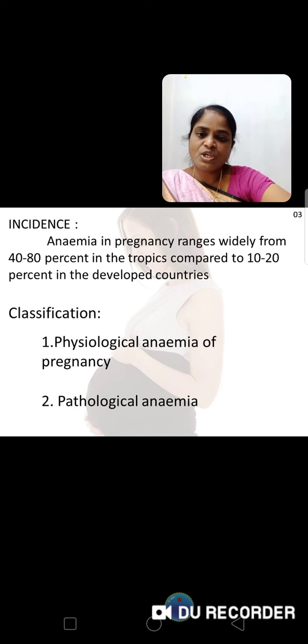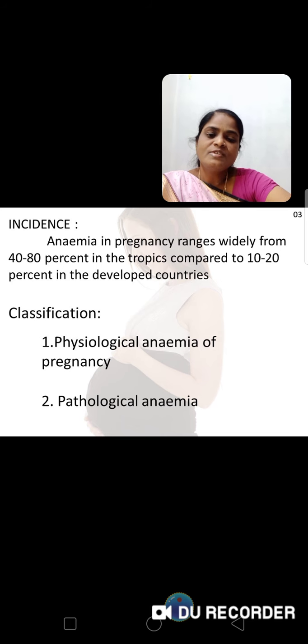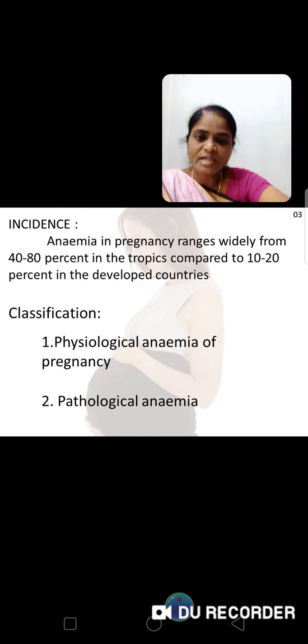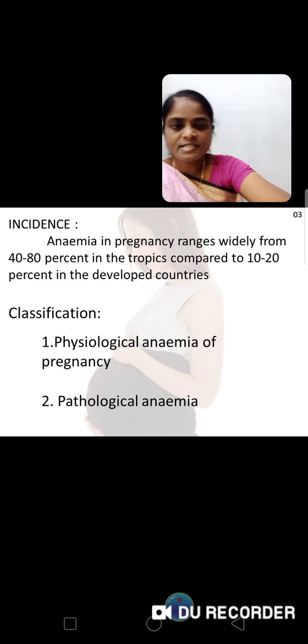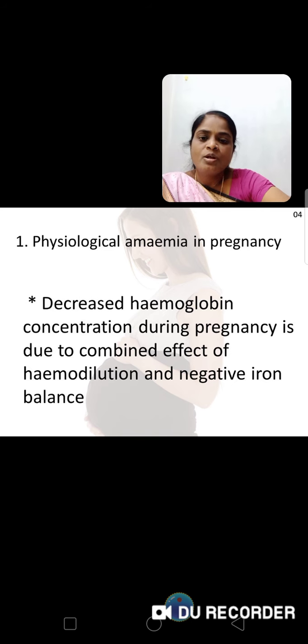Then classification. The major classification is physiological anemia of pregnancy and pathological anemia in pregnancy. Let's discuss physiological anemia in pregnancy. Physiological anemia in pregnancy is due to the physiological changes in the blood during pregnancy.